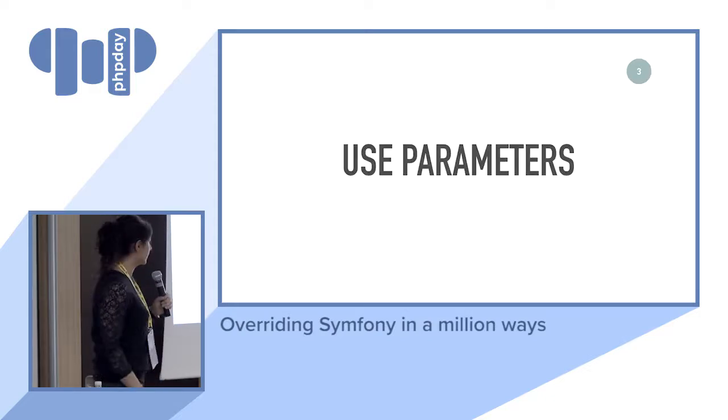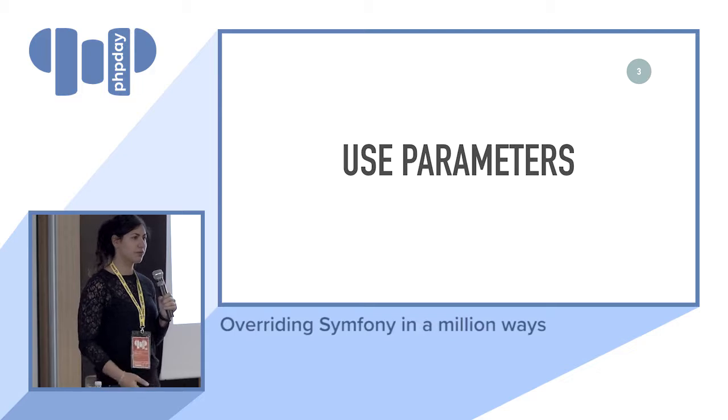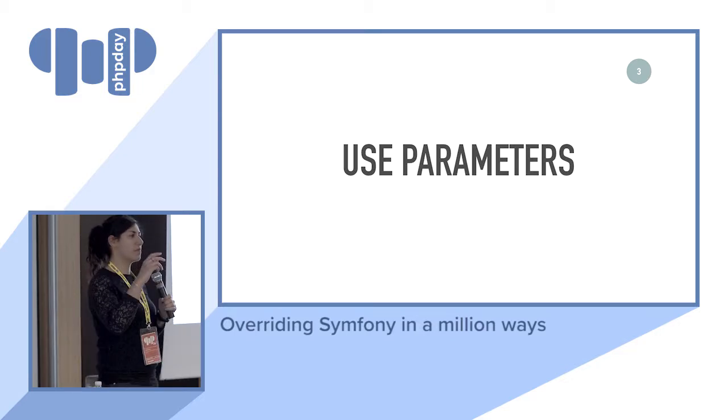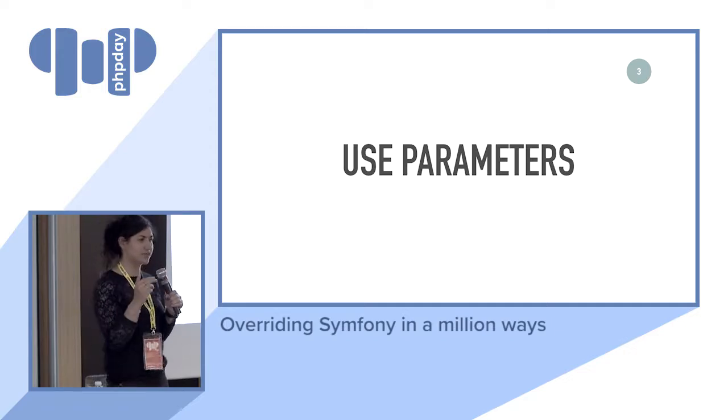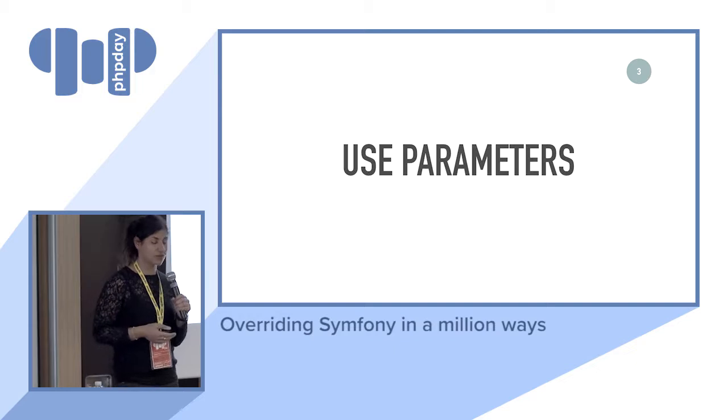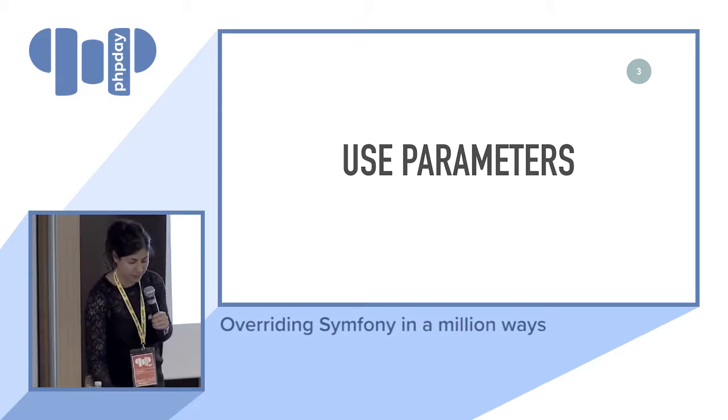The third option is use parameters. Remember in Symfony 2.x and before, you had some certain services inside Symfony where you had some parameters instead of directly the name of the class. It was removed in Symfony 3.x. But maybe you are still using Symfony 2.x, so maybe you can say, okay, I'm going to use the parameters.